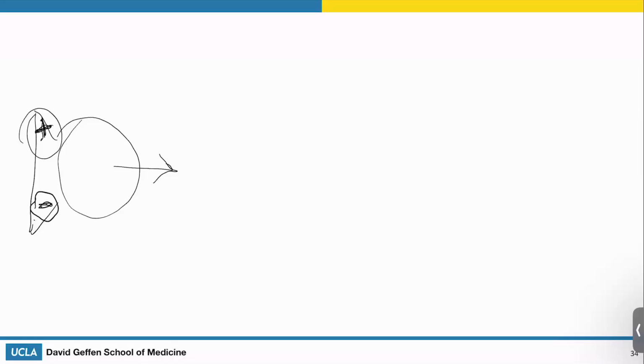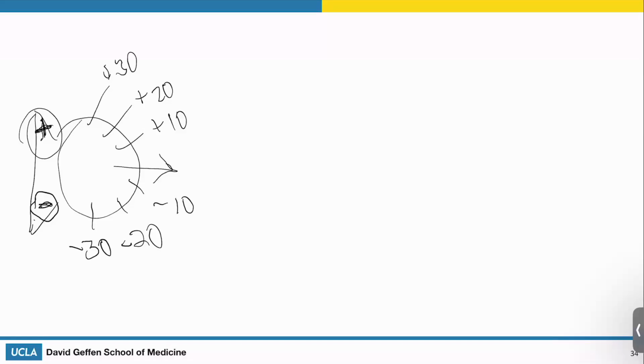So if I have my galvanometer machine, positive 30, positive 20, positive 10, I'm going to have negative 10, negative 20, and negative 30. Okay, so this is my galvanometer machine, right? This is what's inside the EKG machine, essentially how that works.